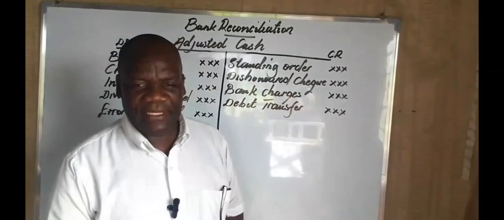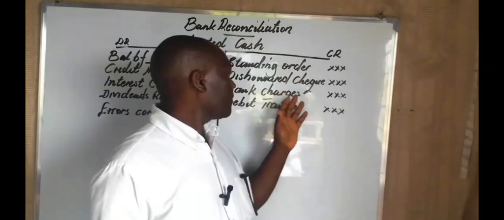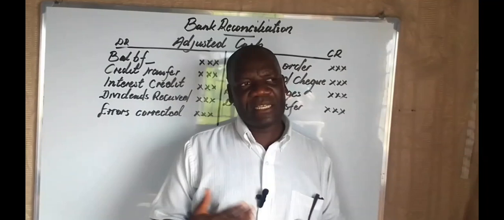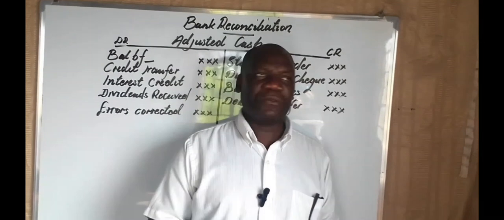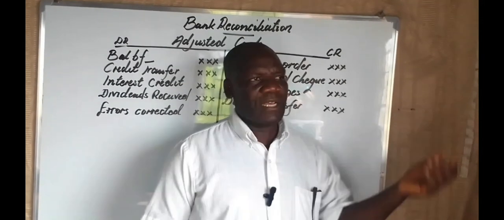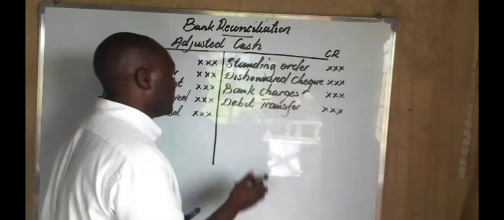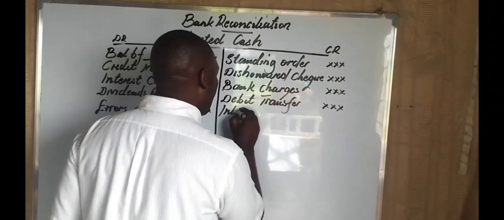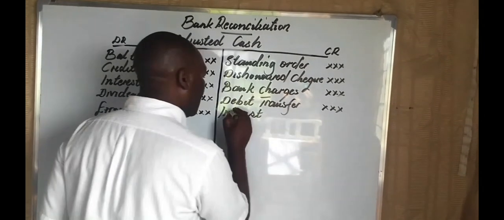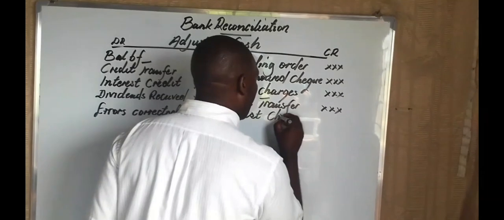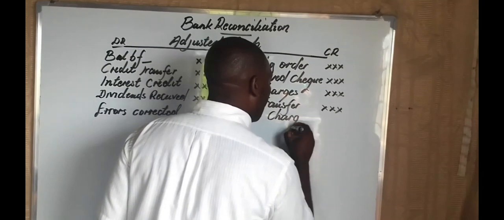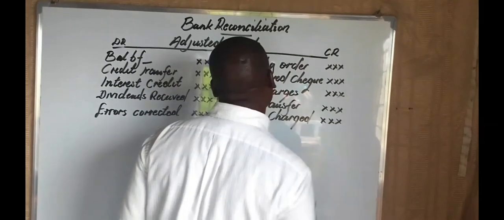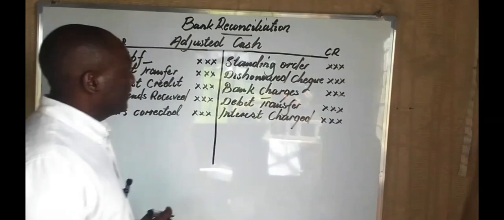The next item that will appear here, okay, is interest charged. In case the account has been charged interest or interest has been subtracted from your account, it will appear here. The amount there. Okay.